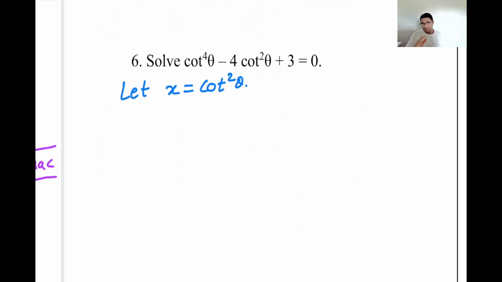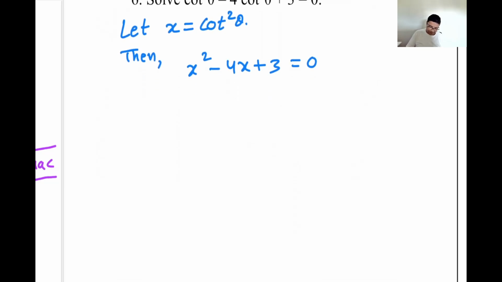Once you say x equals cot square theta, then cot to the 4 is x square. So x square minus 4x plus 3 equals 0. And that can be factored: x minus 1, x minus 3 equals 0.